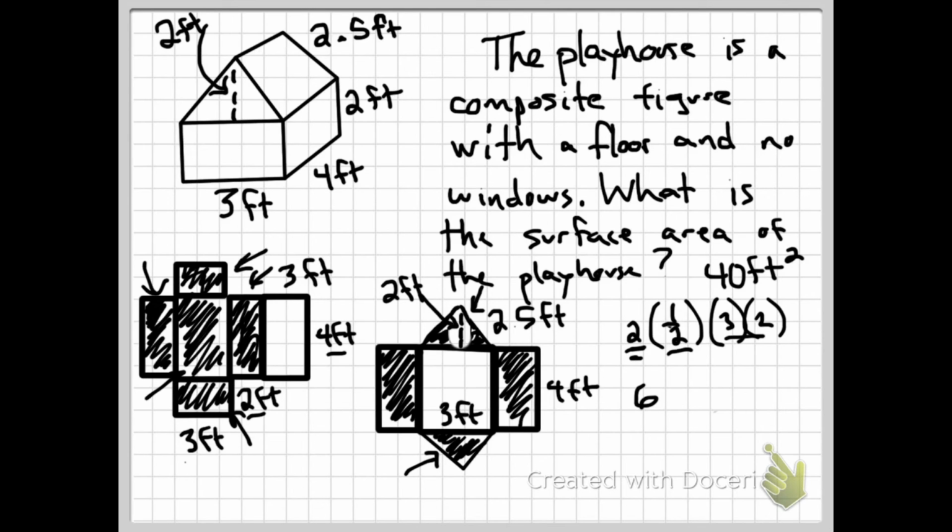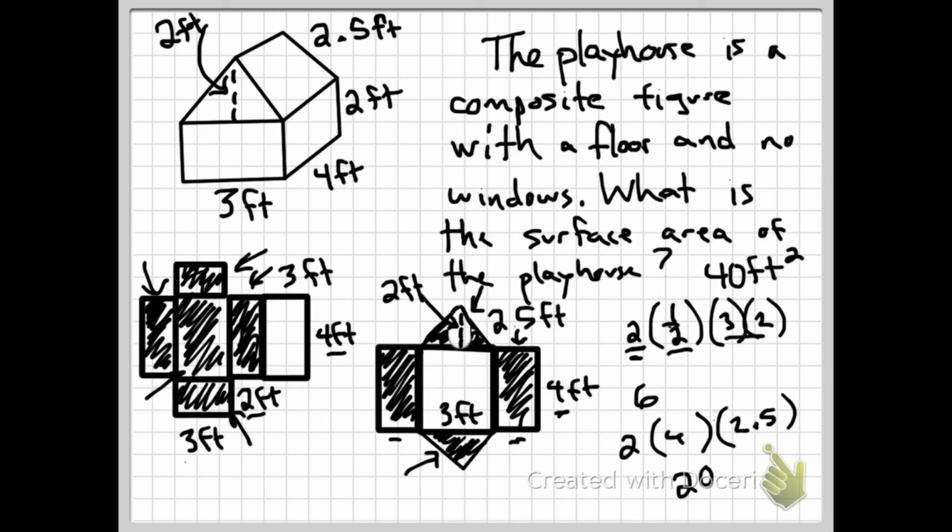And then luckily for us, we only have this rectangle here and this rectangle. Well, there's 2 of them. The length is 4, and then this 2.5 goes there. So we have 4 times 2 is 8. 8 times 2.5 is 20.